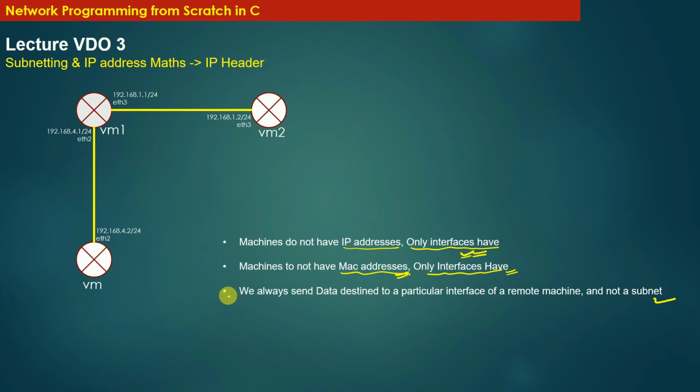The same thing applies here. Whenever the source machine wants to send data to some remote machine, it has to specify the IP address of one of the interfaces of the remote machine to which it is trying to send the data, right? We do not send data to a subnet. It is meaningless.